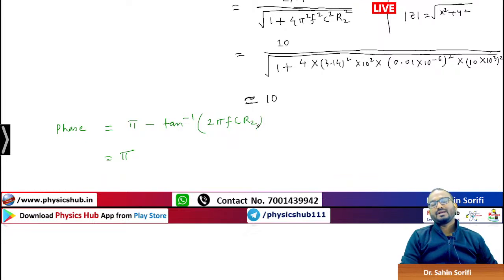So tan 0 is 0. So this part is 0. That is why it is pi. The correct answer for this question is answer D.